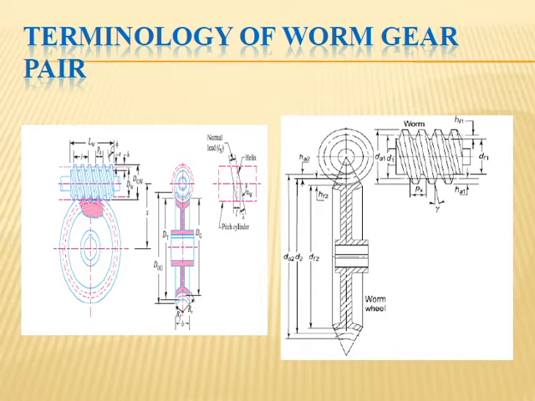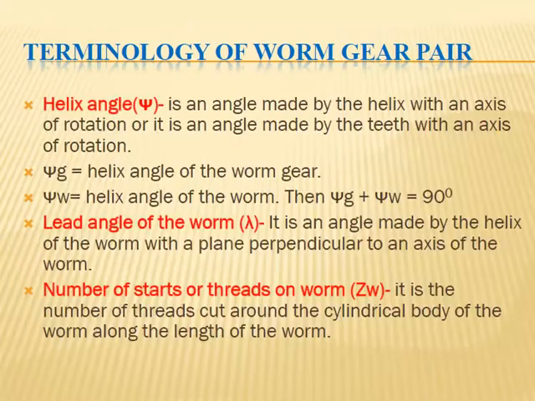These are the important terminology. Here you have to know that the screw or input shaft is known as the worm, and the other is known as the worm wheel or worm gear. We will discuss all terminology in the next slides.